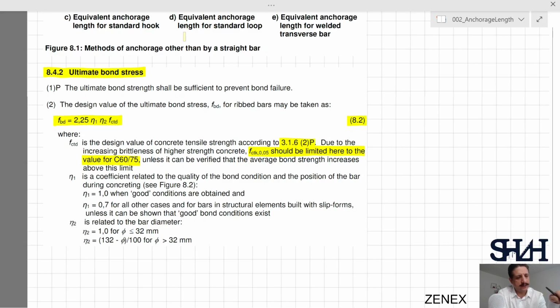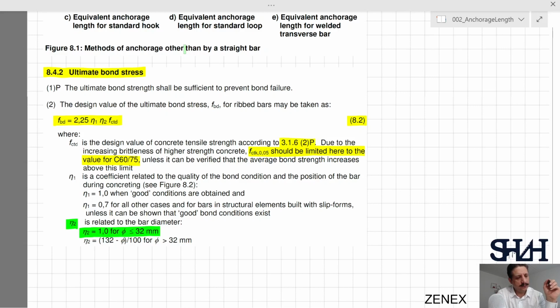Apart from that, we can take from the other clause in Eurocode, we have eta 1 and eta 2 that we need to calculate. Usually we use phi up to 32 millimeter. As a result, eta 2 is 1. If it is greater, then we need to apply the adjacent equation.